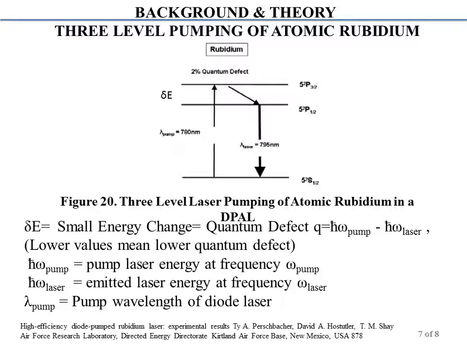Then it quickly relaxes down to the 5p 1/2 orbital, and from there the next level it goes down to is back to the ground state at 5s 1/2 at 795 nanometer, with a slight energy change, what we call a quantum defect, which is at 2%, so an extremely low quantum defect. This is per Prospracher, Hostutler, AFRL.